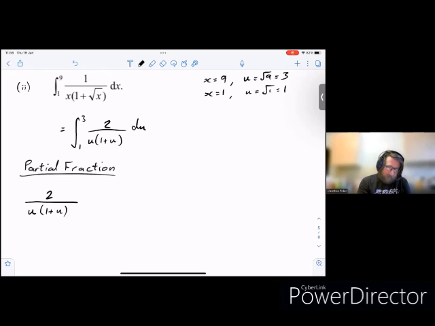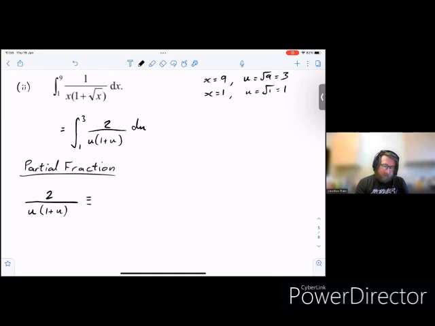It's pretty straightforward. What we can always do when we've got any sort of fraction like that, and it doesn't have to just be a number on the top as well. The numerator could be u, it could be u plus 4 or something. For it to be a proper fraction, the order of the top needs to be lower than the order of the denominator, though. So if we had a u cubed on the top, it would be a slightly more awkward one to write in partial fractions.